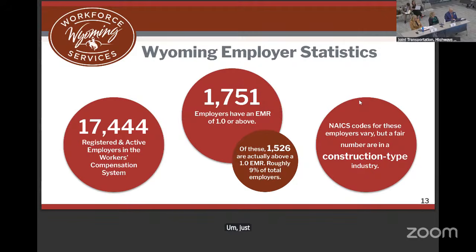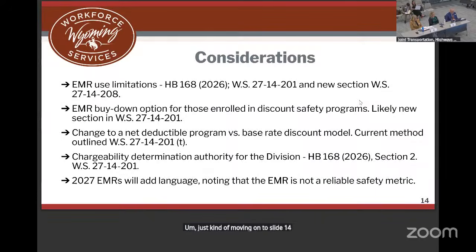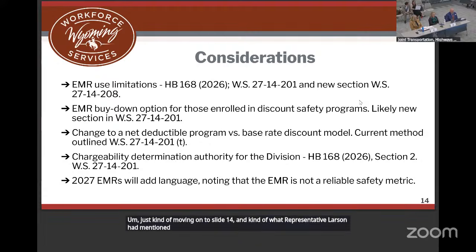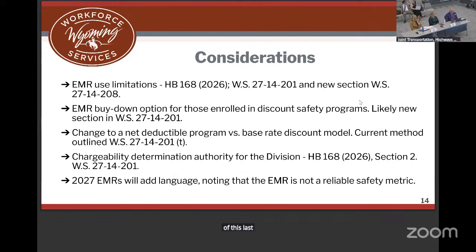Moving on to slide 14, and what Representative Larson had mentioned, what we see as some possible solutions to the issue. Obviously, House Bill 168 didn't make introduction this last legislative session.